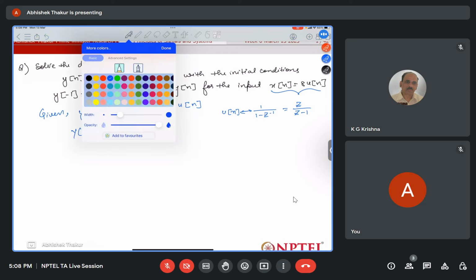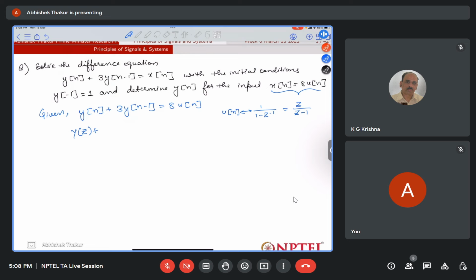Similar to the Laplace transform, for the unilateral transform the property is: if the Z transform of x[n] is X(z), then the Z transform of x[n-1] for the unilateral Z transform is z^-1 X(z) + x[-1].